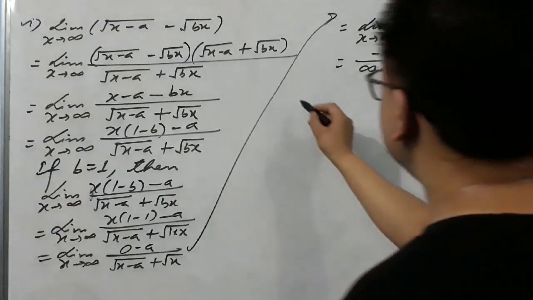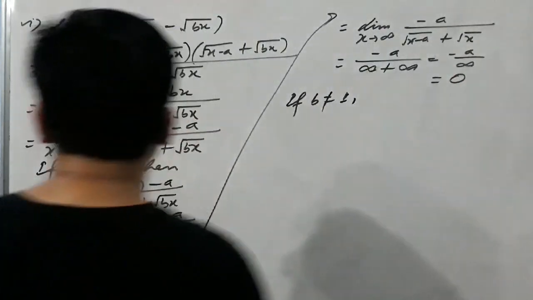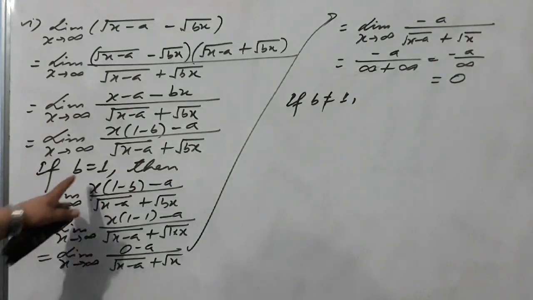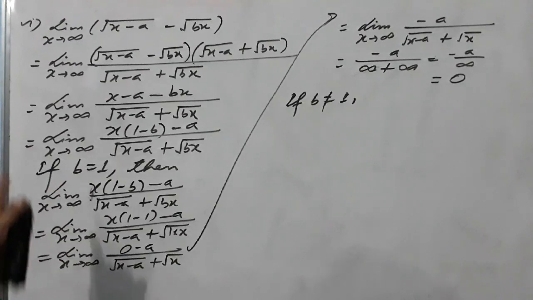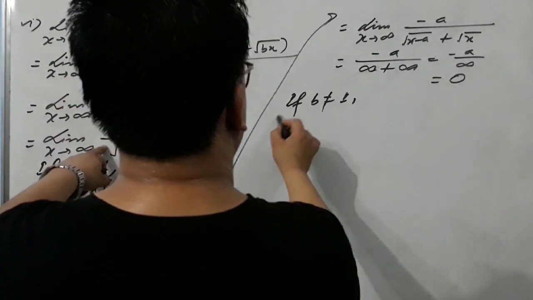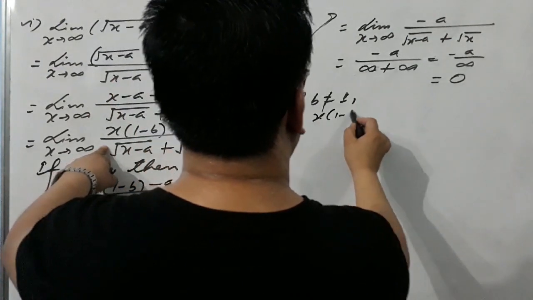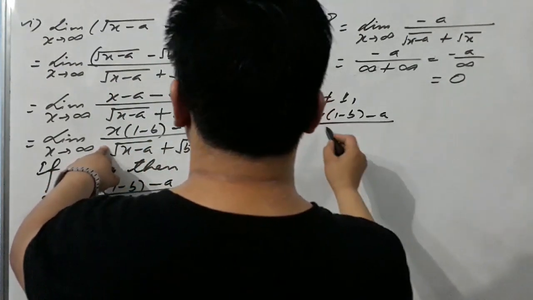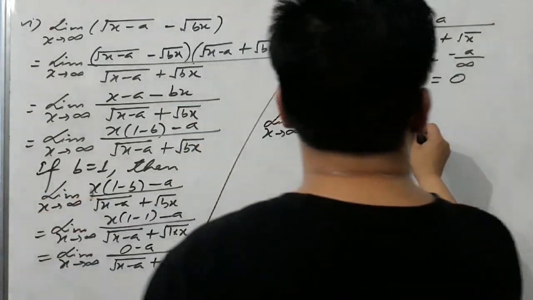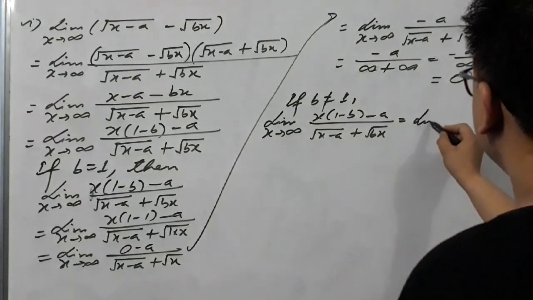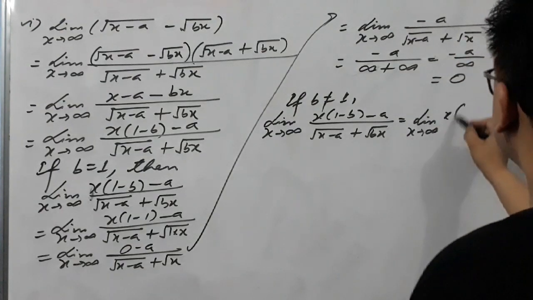I don't think you have any problem. Now the second case: if b is not equal to 1, then what will happen? If b is not equal to 1, x is not going to be removed from the numerator. The limit as x tends to infinity of x times (1 minus b) minus a over root x minus a plus root bx, you can do only one thing: take x common.